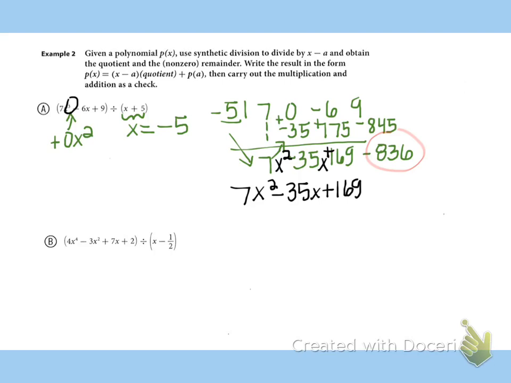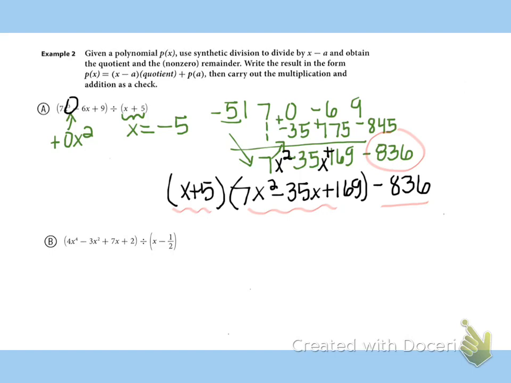Now that is our quotient. Our divisor was x plus 5, and my remainder is 836. So this would be writing it in that form where we have the divisor times the quotient, minus or plus, in this case minus, the remainder.